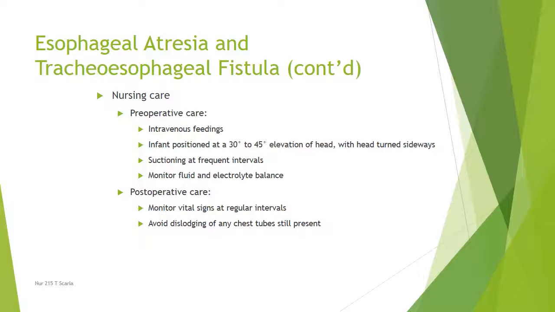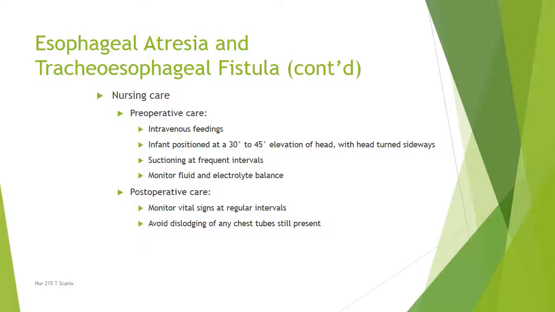So nursing care involves preoperative care, that is intravenous feedings, and infant positioned at 30 to 45 degree elevation of head with head turned sideways, because there is so much oral secretions and you don't want those secretions to be entering into the lungs. When you put the baby's head sideways, the secretions can drool down sideways.